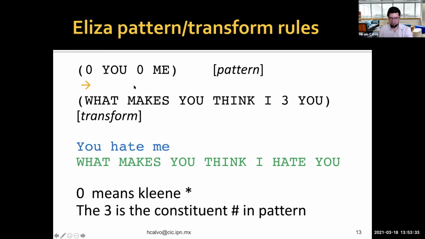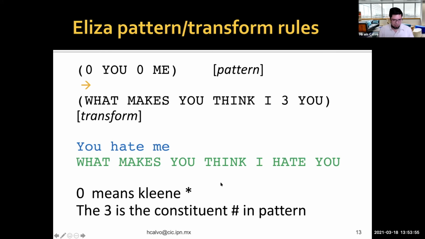And then the answer will be, what makes you think I hate you? You see, it's number 3: 1, 2, 3. The zeros mean anything. Well, it's "hate me". And 0 means a clean start, because it can be any number of words or anything that substitutes for that.